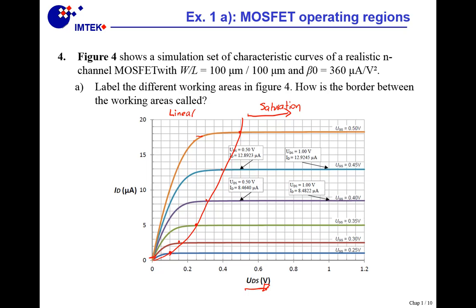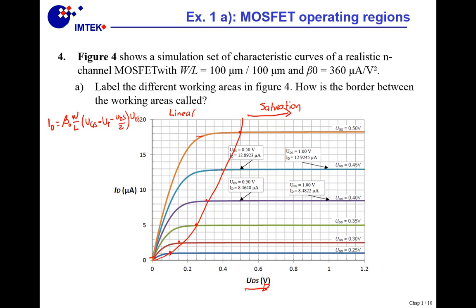All right? How can we see this with our formulas? So our first formula for the linear region, we remember it, it's beta 0 W over L, UGS minus UT minus UDS divided by 2, and then we multiply by UDS, right?